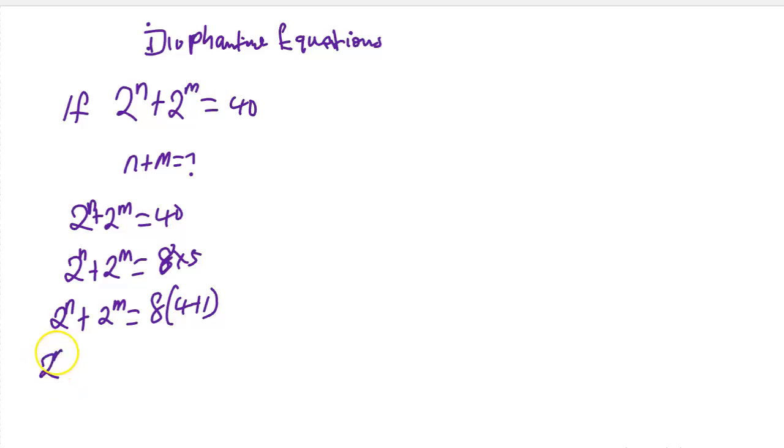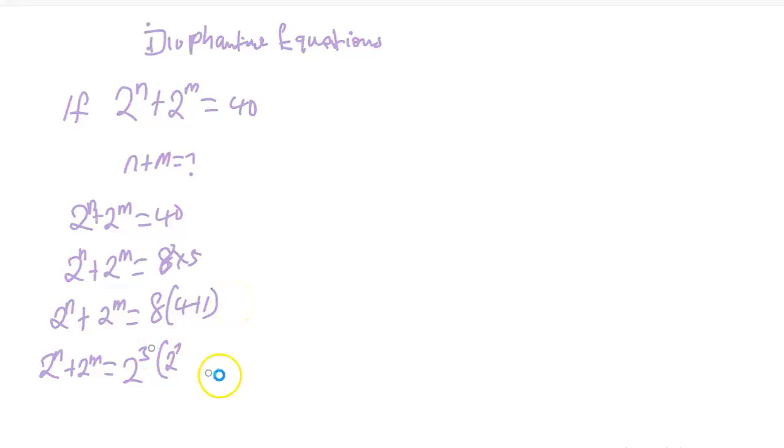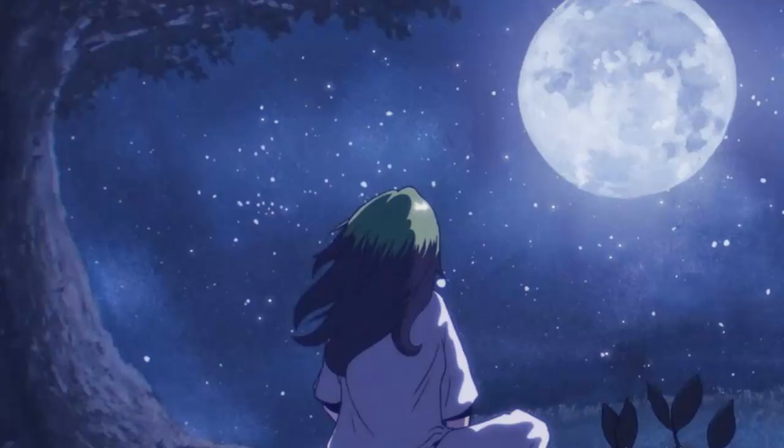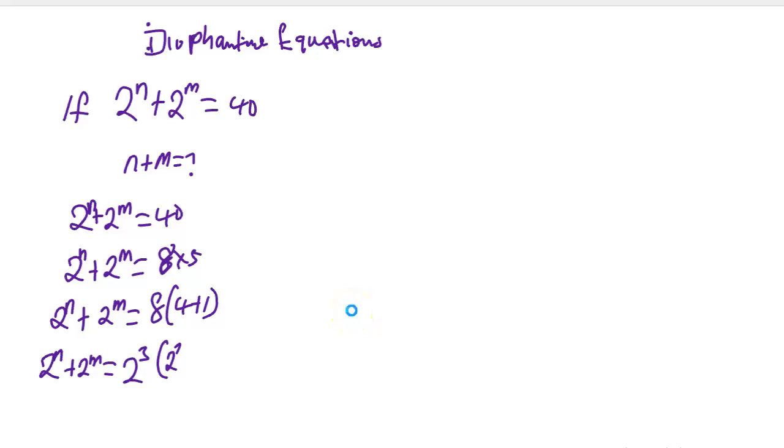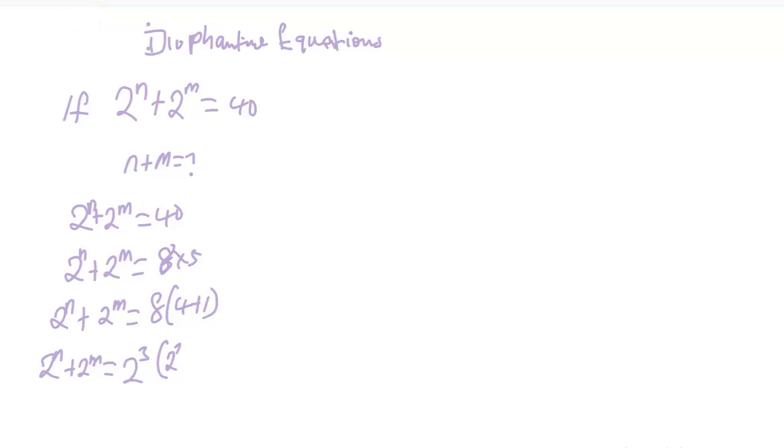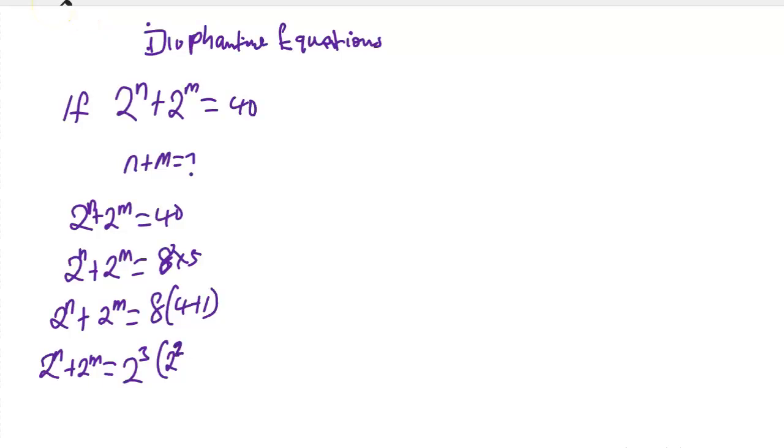So 8 can be reduced to 2 power 3, which will give me 8, and 4 is 2 power 2, and for 1, we can have it as 2 power 0.